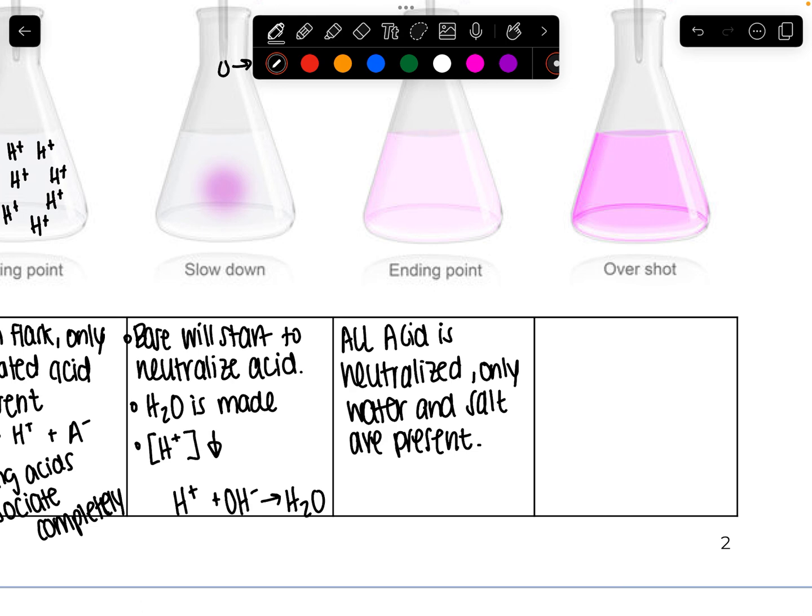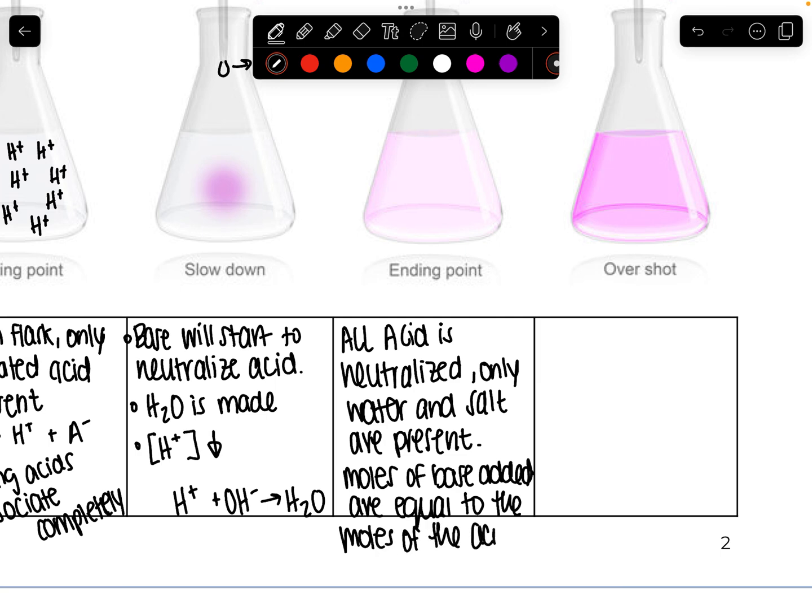What this is helping us understand is that the moles of the base that you've added are equal to the moles of the acid neutralized. There's known information about the volume of your acid and your base.